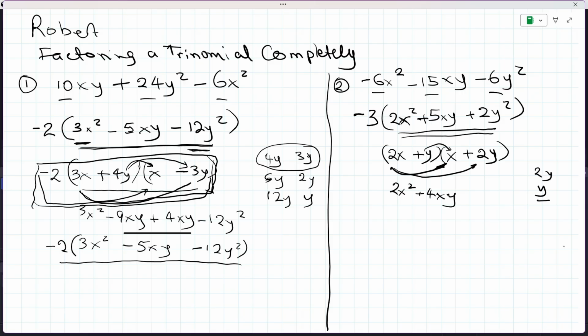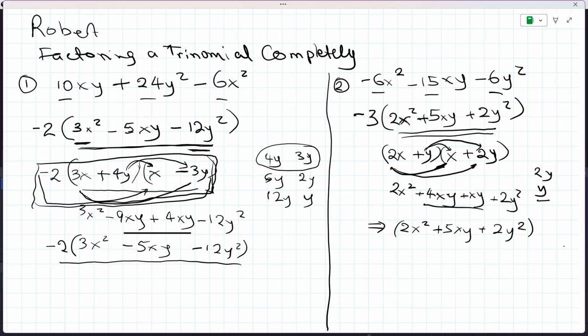And then y times x will give us xy. Now you can see the picture coming out. 4xy plus xy is going to give us 5xy. Then finally, y times 2y will give us 2y squared. So true, this expression becomes 2x squared plus 5xy plus 2y squared.